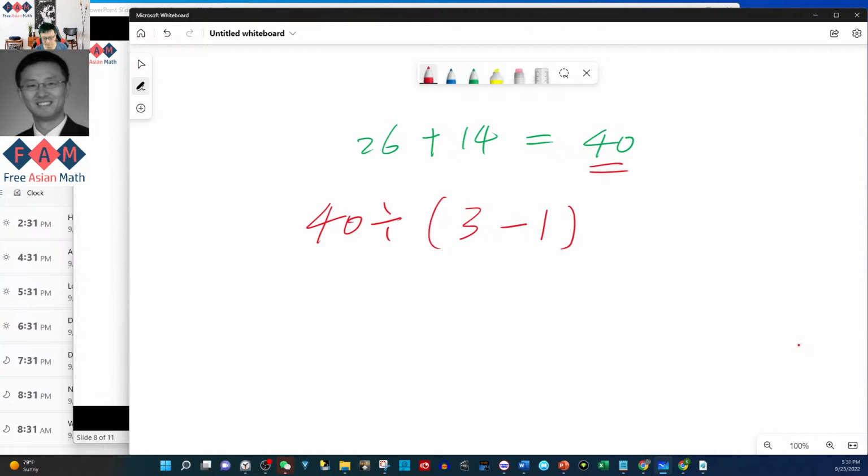So 40 divided by 3 minus 1, that's 2. We got 40 divided by 2, that's 20. And what is this? This is the smaller number in those two quantities, which is the actual number of the drama class size. So this is the number of the drama students.